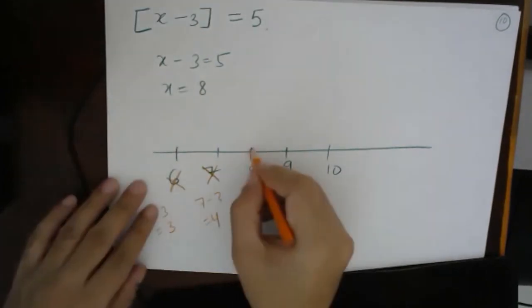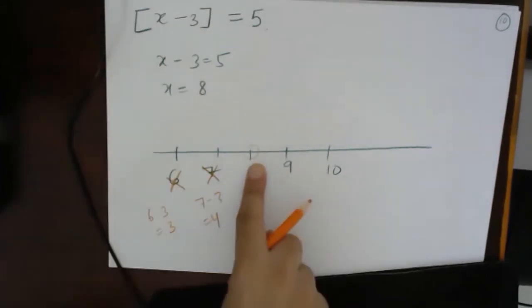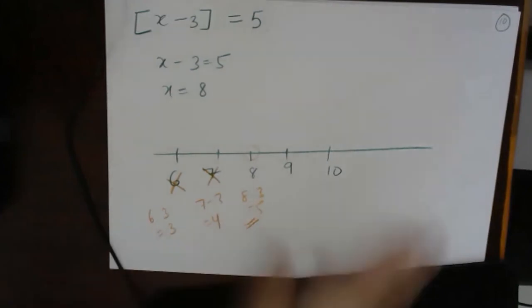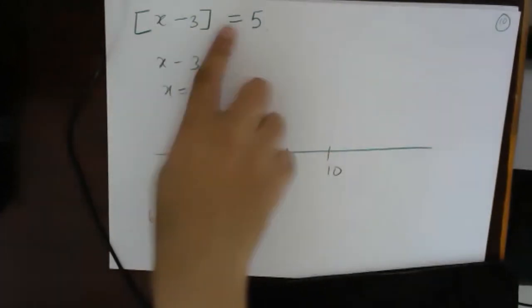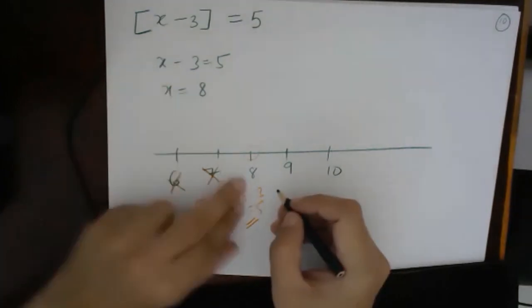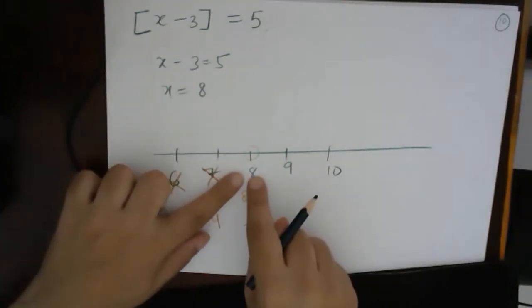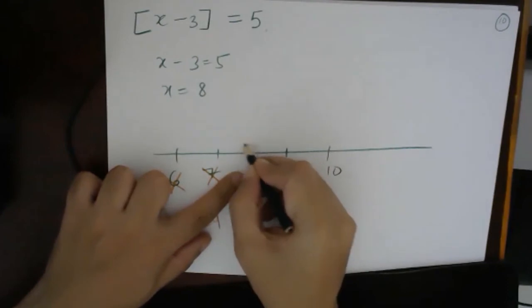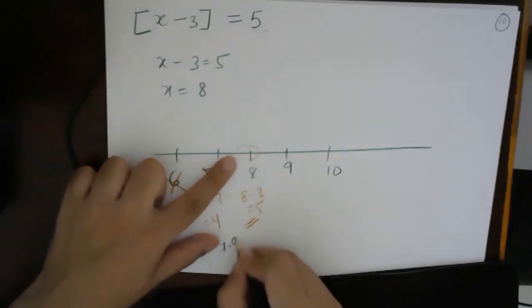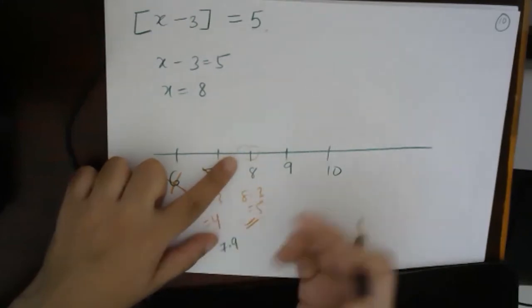So my solution lies around this integer 8. Around this value we will get some values of x which will satisfy. Let's take a number before 8, say 7.9.